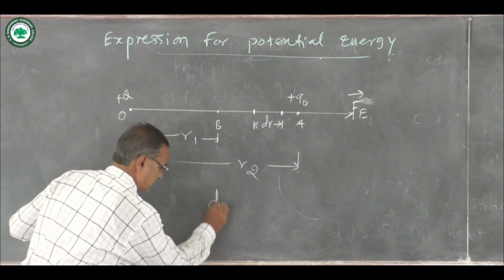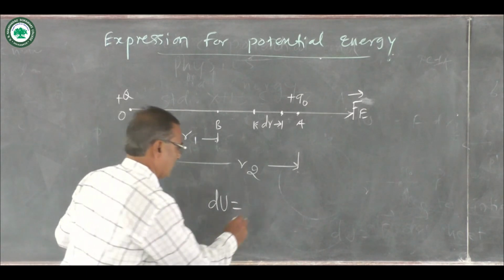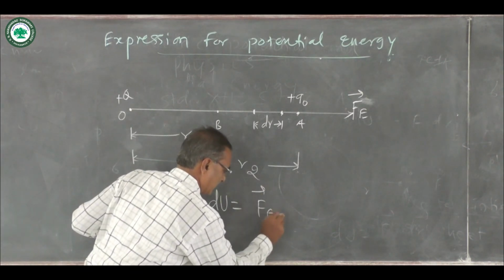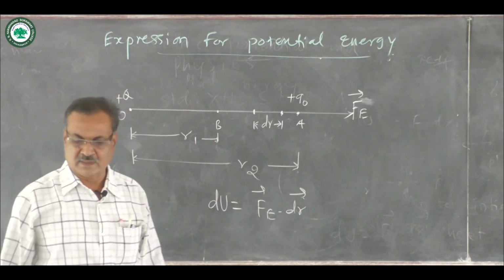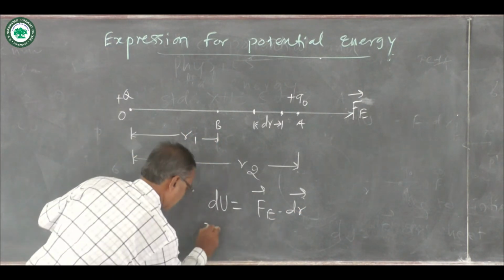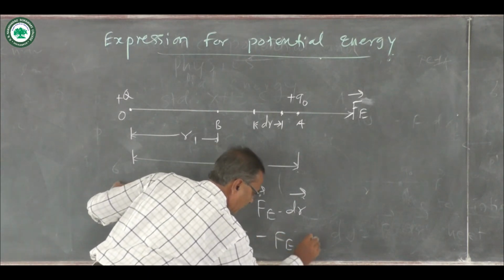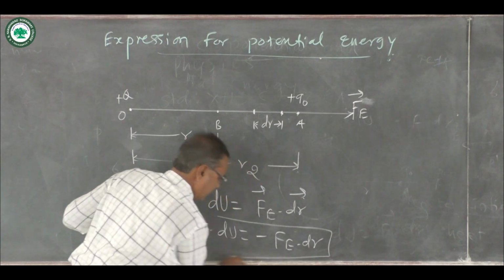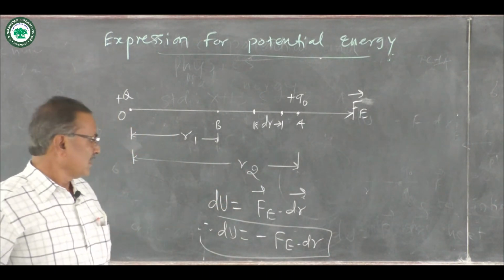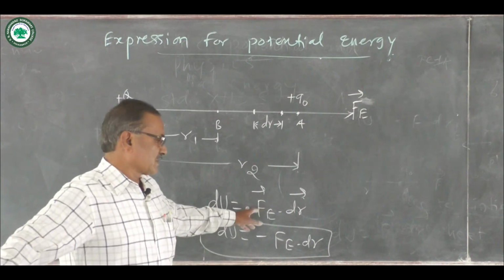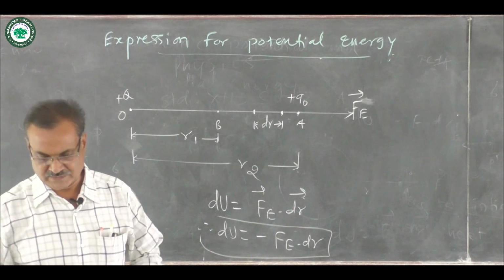This change in potential energy is dU equal to vector Fe dot vector dr. So therefore you can also write it as minus Fe into dr. Here the negative sign denotes that the directions of force and displacement are opposite.